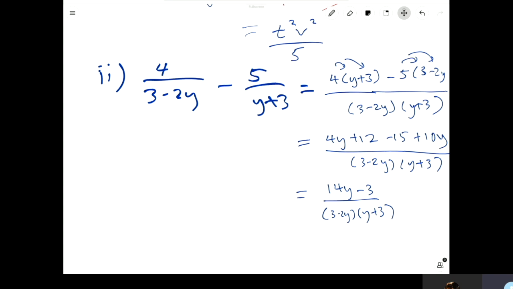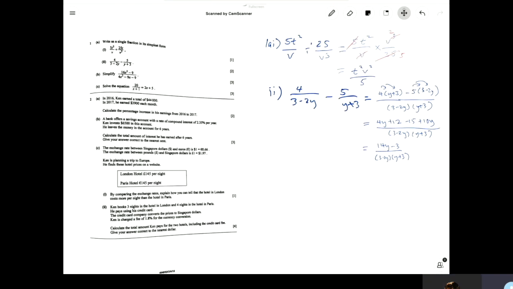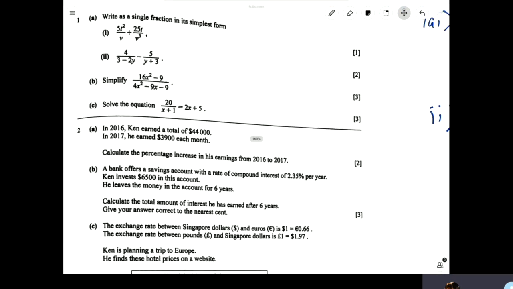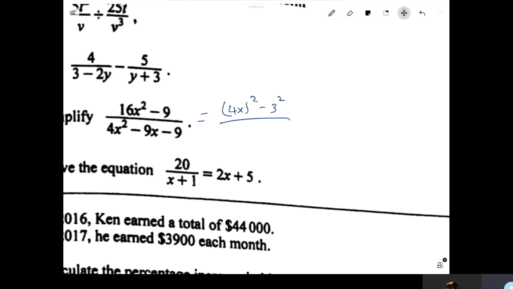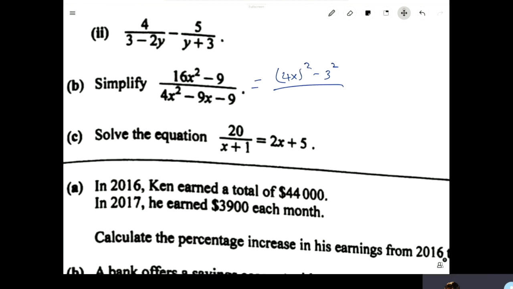So let's continue. Next, simplify. So 16, okay, wait, I can actually do here. Equals to, now factorize 16x squared minus 9. We break it up to 4x minus 3, 4x plus 3. This one, a squared minus b squared. A squared minus b squared divided by, let's factorize the bottom too.